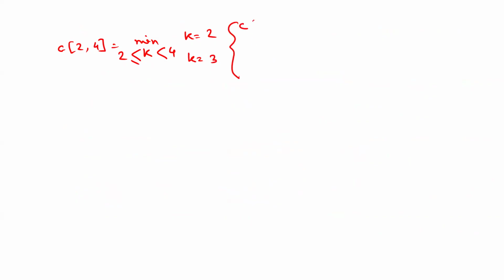Create the formula: C[I,K], I is 2, K is 2, plus C[K+1, J], that is 3, J is here 4, this is I, this is J, plus d[I-1], that is I is 2 so I minus 1 is 1, into dK that is 2, into dJ. J is here 4.